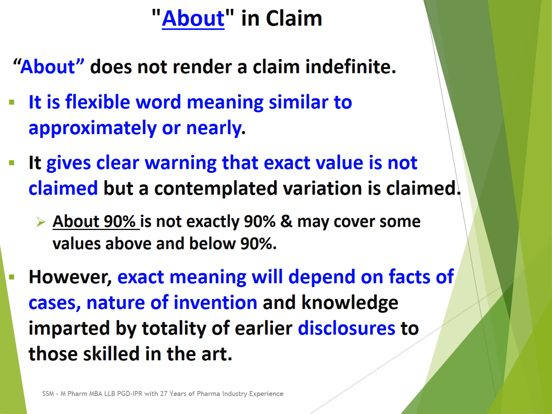"About 90%" used in a claim is not exactly 90%. It may cover some values above and some values below 90%. However, the exact meaning will depend on the facts of the case, the nature of the invention, and the knowledge imparted by the totality of earlier disclosures to those skilled in the art.